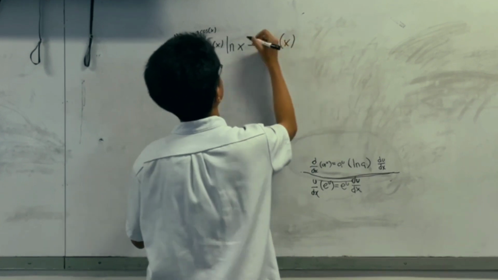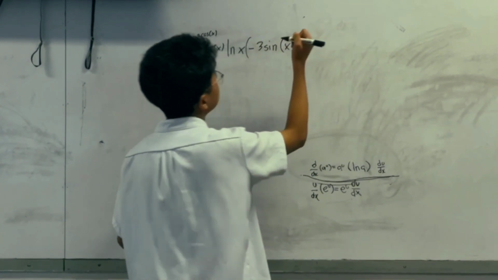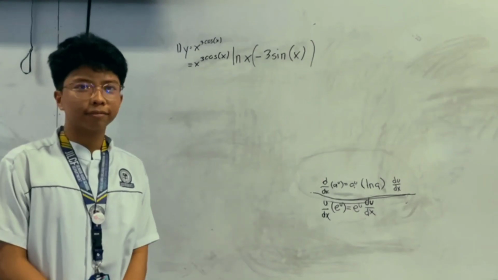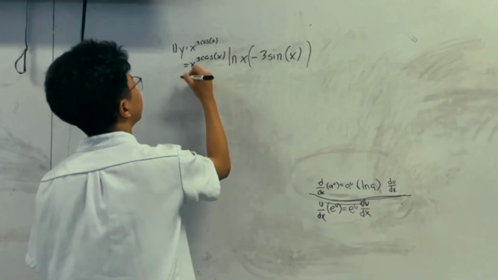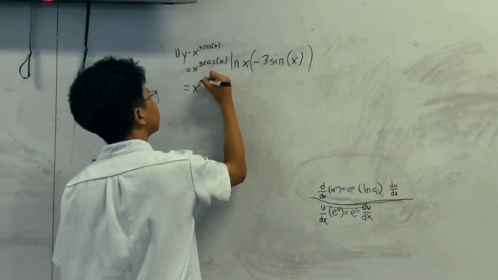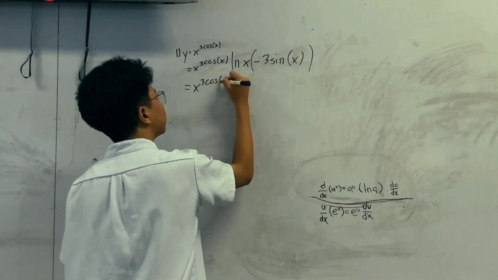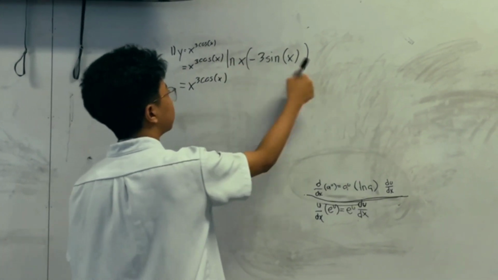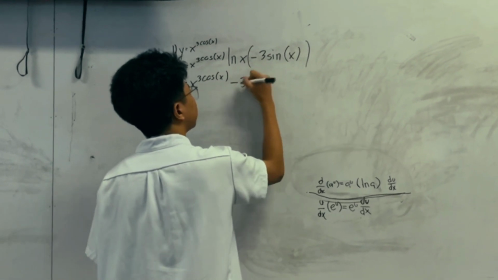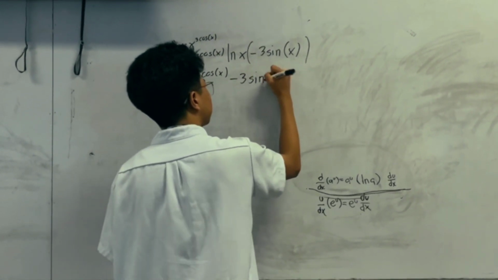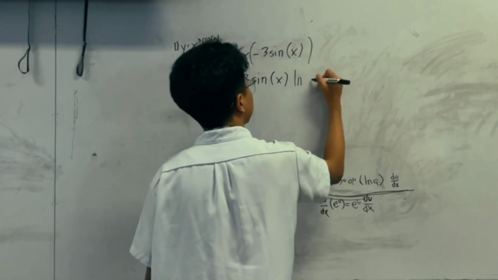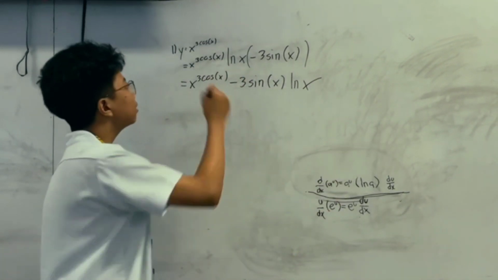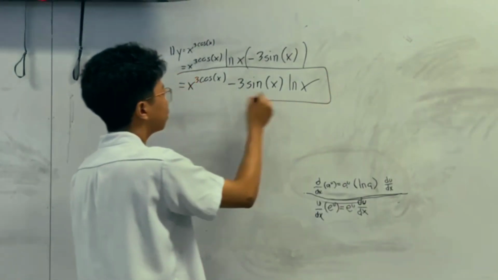Then we put parentheses. Then we multiply here. Then this one we just bring down, so x raised to 3 cosine x. Then this one first, negative 3 sine x. Then we add ln x. So that is our final answer.